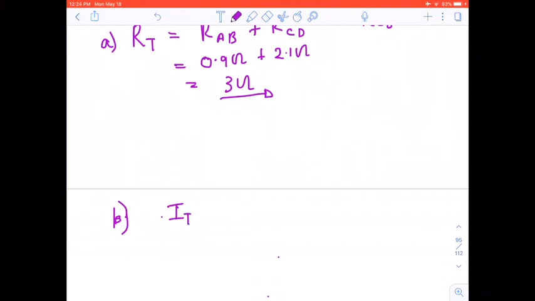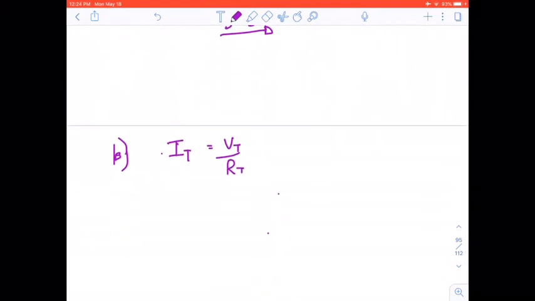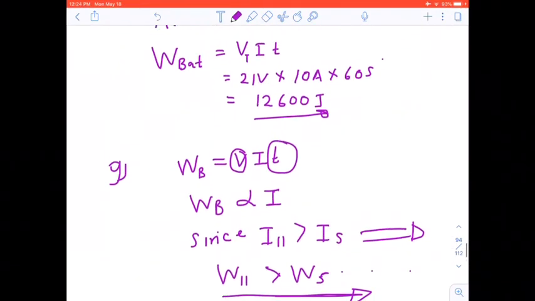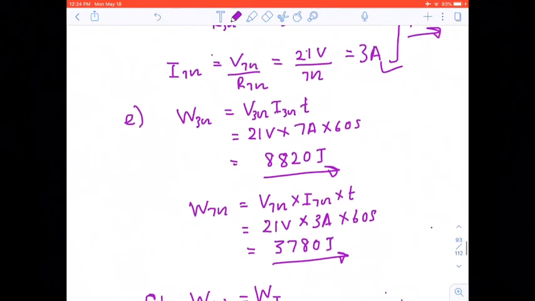I total is equal to V total upon R total, which would mean it is equal to 21 volts upon 3 ohms, which means this circuit has a current of 7 amps. So it has a current of 7 amps, and you could compare the currents in all 3 circuits.